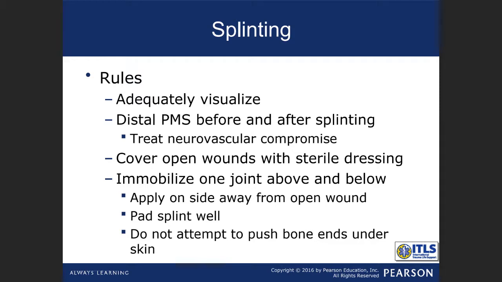And it's kind of weird to me that EMTs, when they're doing their research, they don't check PMS. So it means that when you're out there, you're not checking it. And again, the purpose of checking PMS is not because it's in your textbook or on a skill sheet.